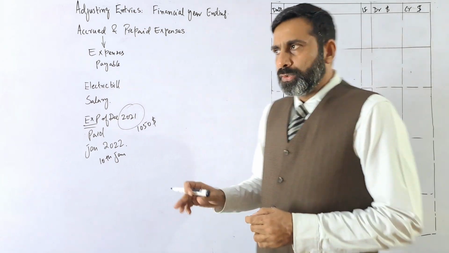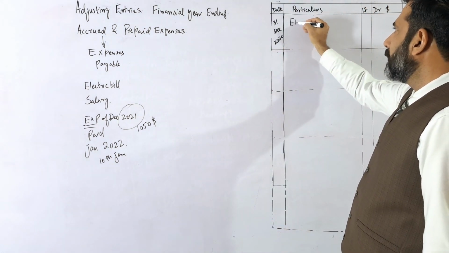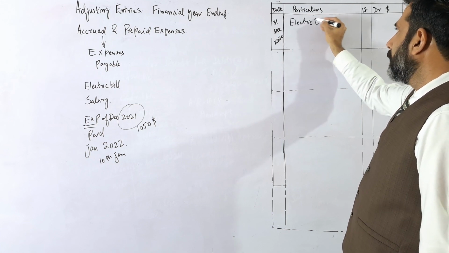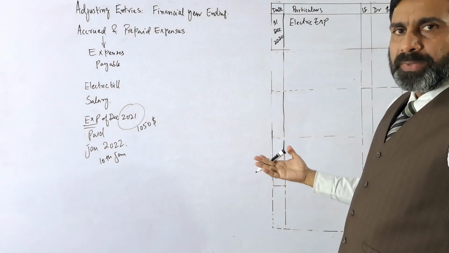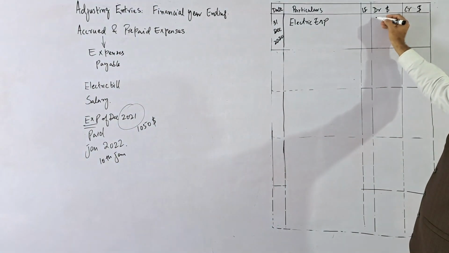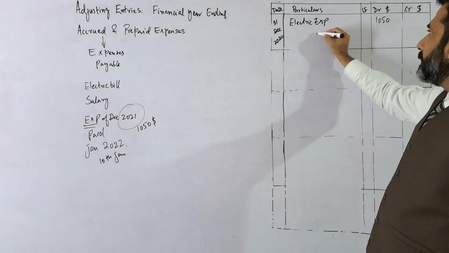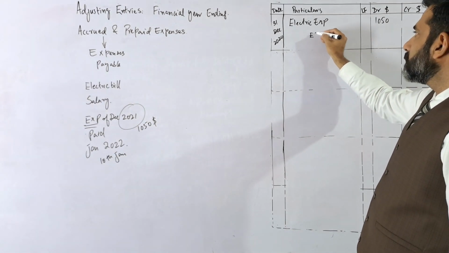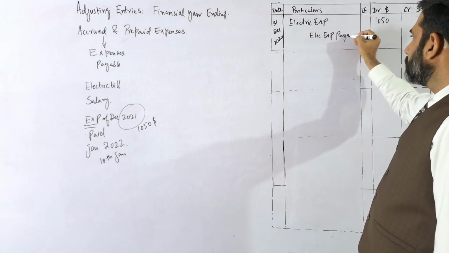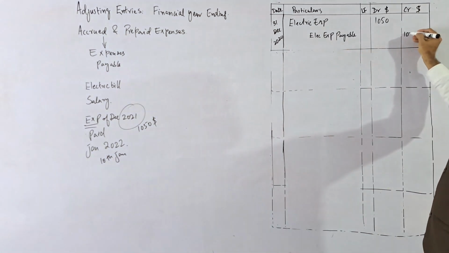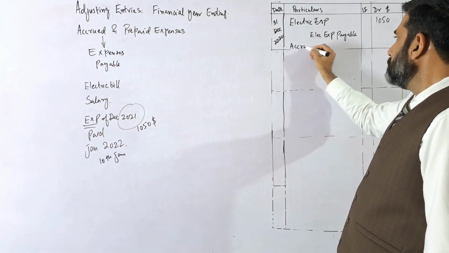So what we have to do on the 31st of December: electric expense will be debited, because expenses are always debit. Increase is there, so it is $1,050. And then electric expense payable $1,050.